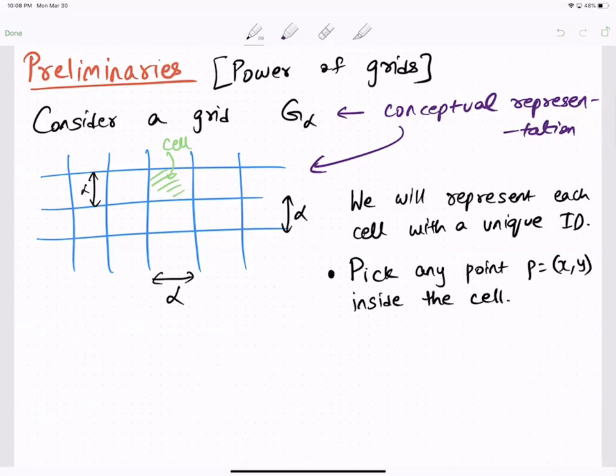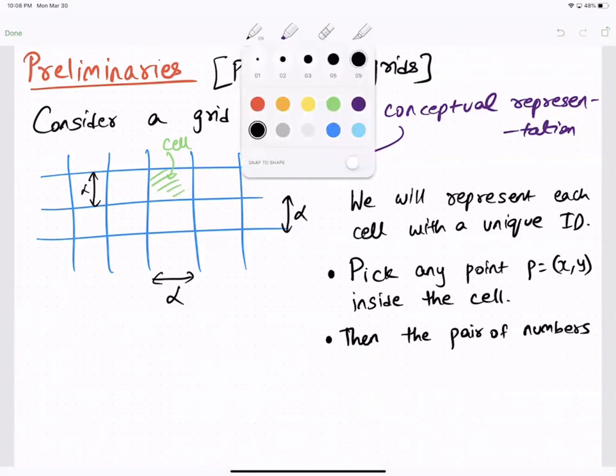Any point. Then the pair of numbers, let me use a different color for this.